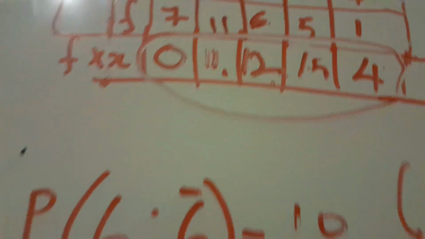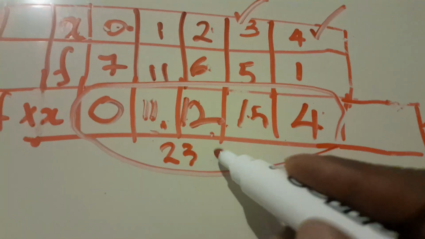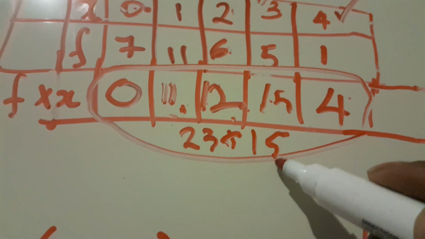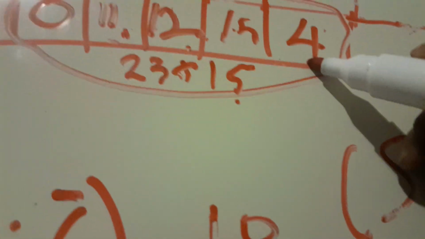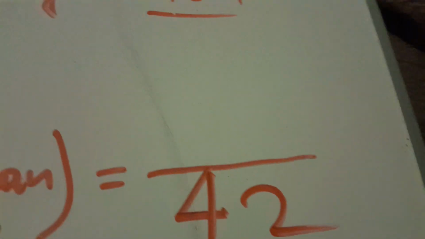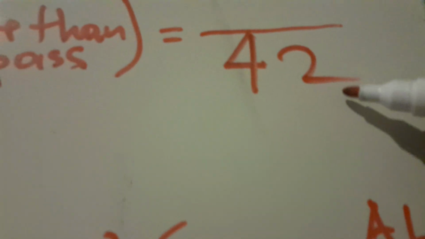Okay. Here, it's 23. Plus 15, I get 38. Then I have 42. Which means the sample space, the total number of passengers, is 42.